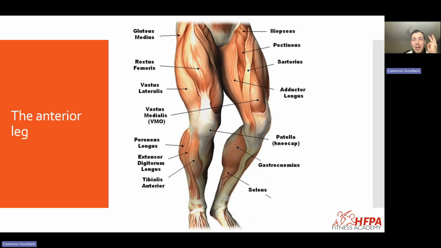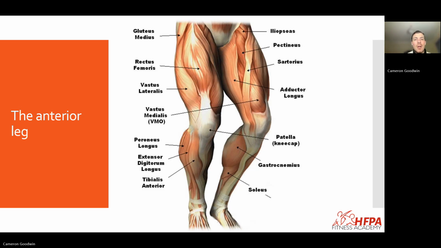One isn't mentioned here, but I'll tell you it. There's three: your vastus lateralis, your vastus medialis, and your vastus intermedius. So it's LIM, right? Lateralis, intermedius, medialis. Now, if you think of that, you have your rectus femoris, you have your vastus group, and that forms the quads.